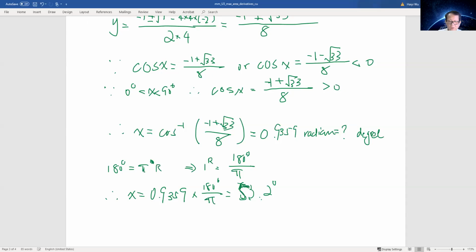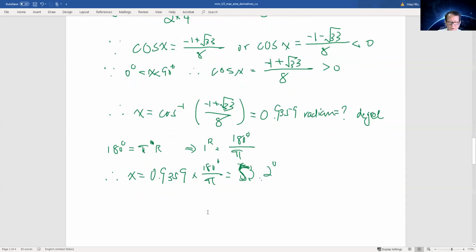So we have the angle at which the maximum is achieved. What is the maximum area? We use substitution.